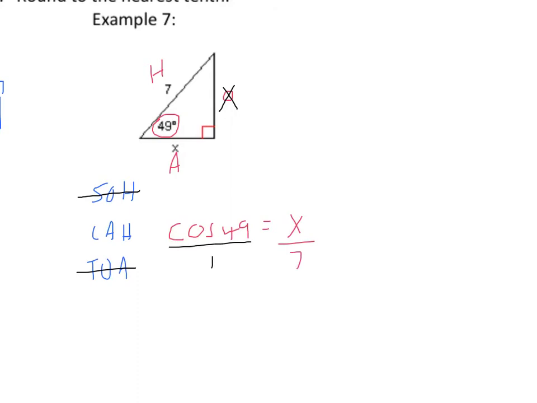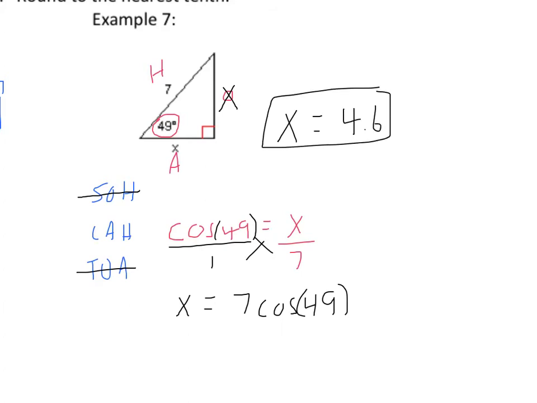We put the trig function over 1 and we cross multiply, and we get x equals, now this is not 7 times 49. Remember, cosine of 49 is one thing. So to keep that in mind, I recommend writing the number first and then the cosine part. If you calculate that out properly, you should get approximately 4.6.